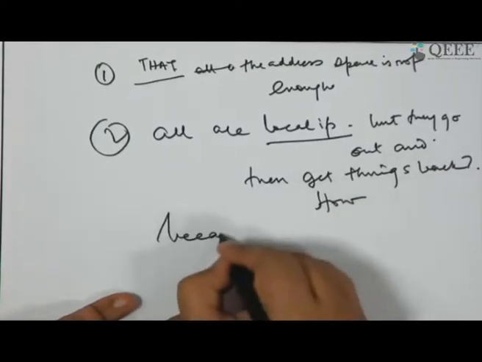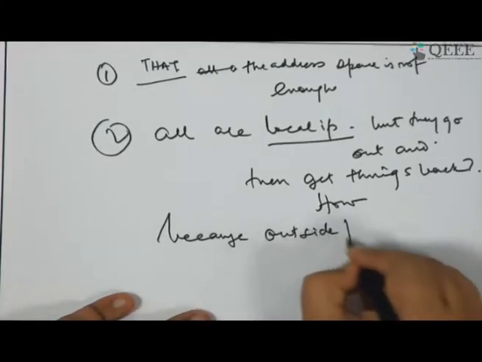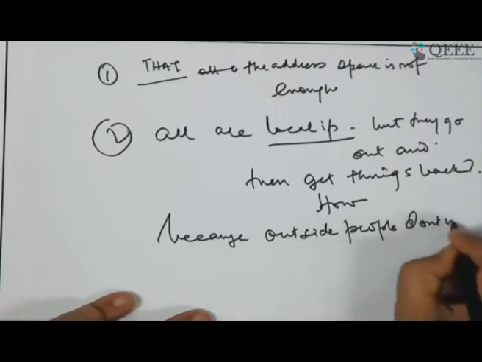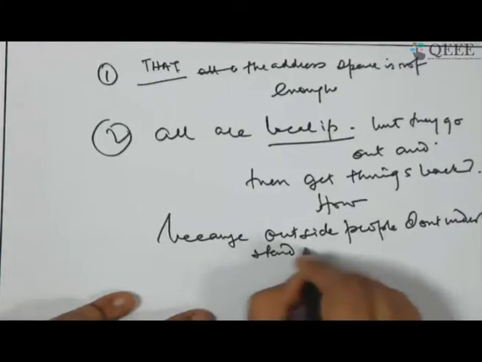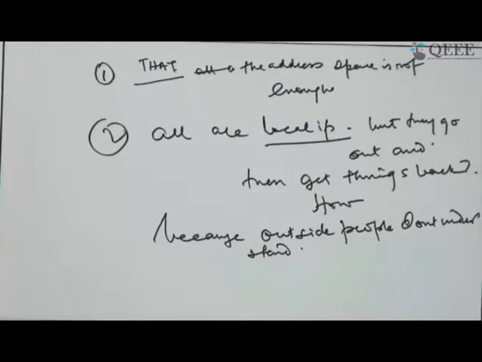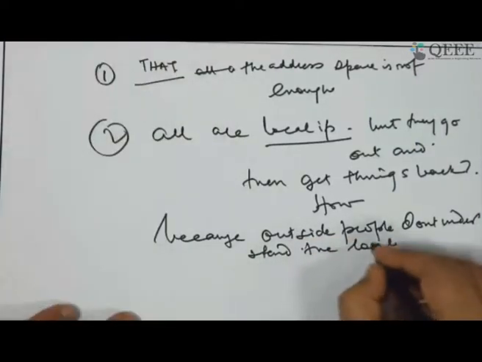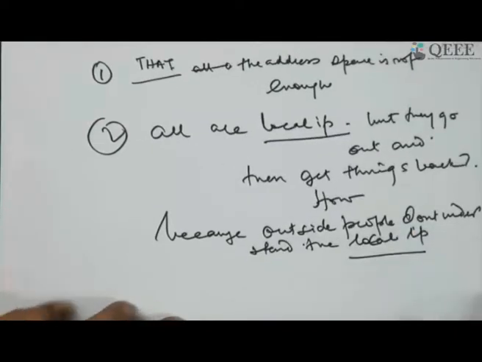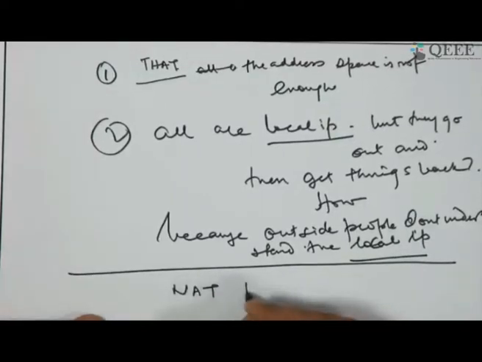Because outside people don't understand, outside people don't recognize the local IP. Then how does it work? So here there is a concept of a NAT box.